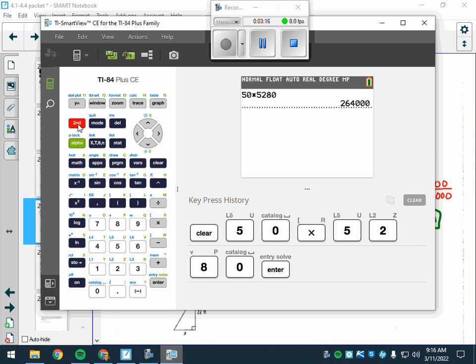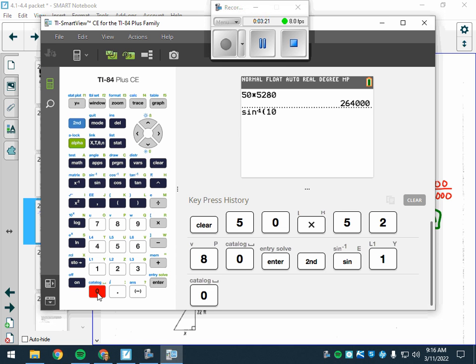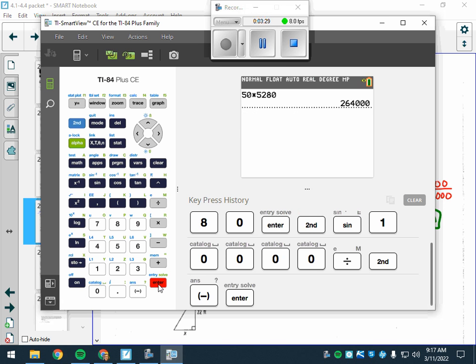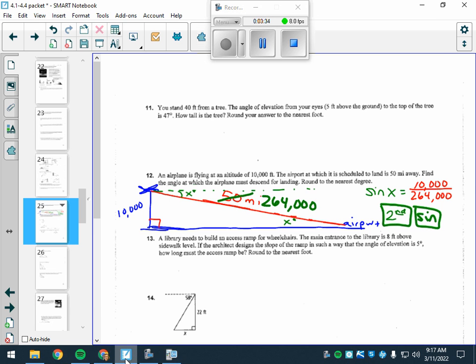Second sine 10,000 divided by the last answer. 2.17 degrees. Round to the nearest degree, so that would be approximately 2 degrees.